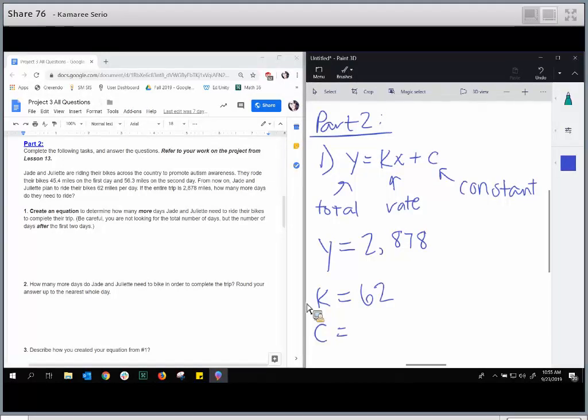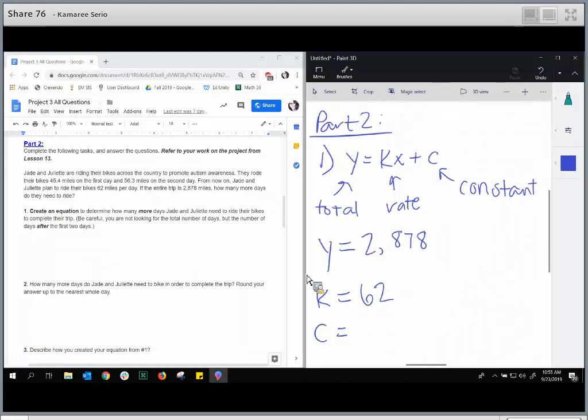Now my constant. The constant is where they're starting at, right? On the first 2 days, they have already traveled 45.4 miles and 56.3 miles. So since this is the distance they traveled on day 1 and day 2, I need to figure out where they're starting on day 3.